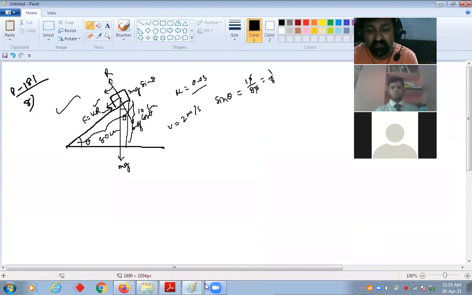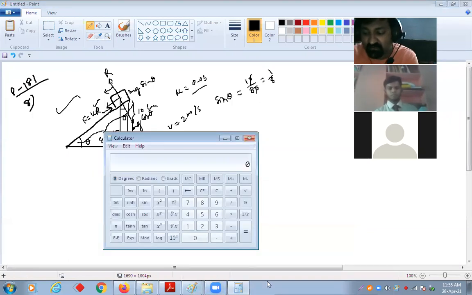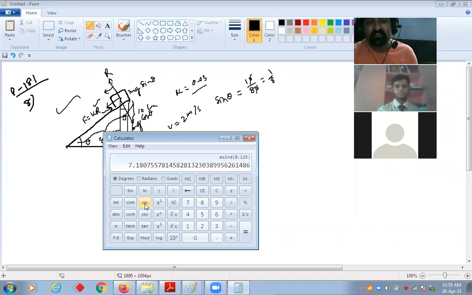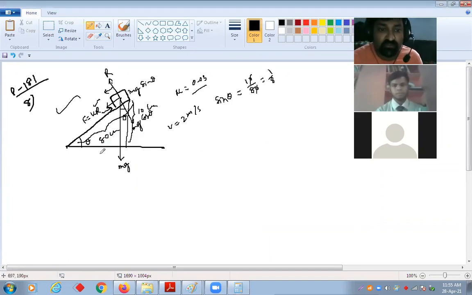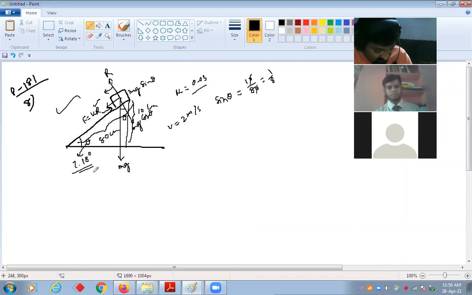In the same way, 1 divided by 8, and then the sine inverse function. So how much is theta? 7.18. So theta is 7.18 degrees. That we found. So theta value will be 7.18 degrees.